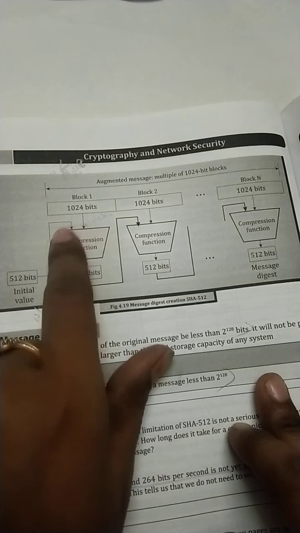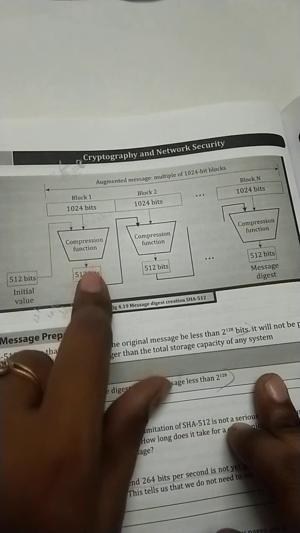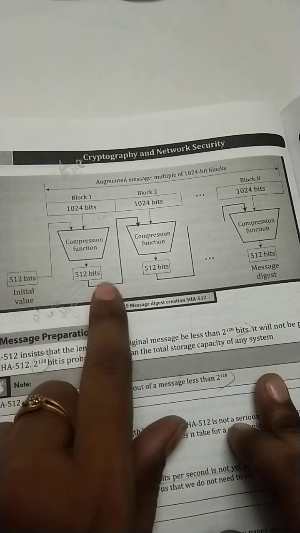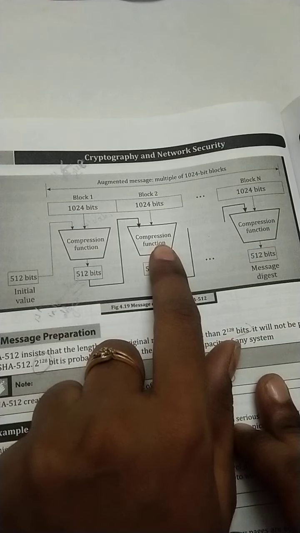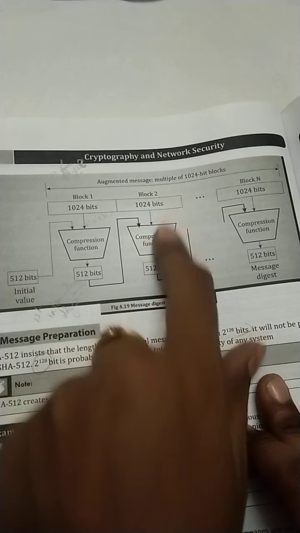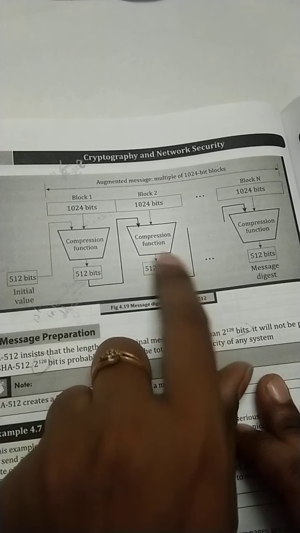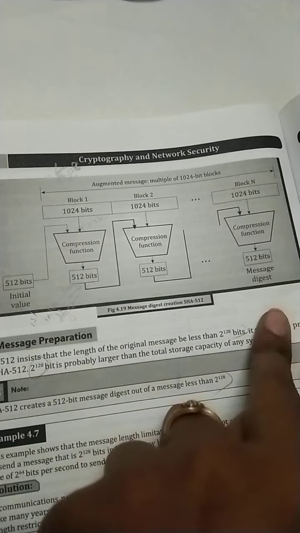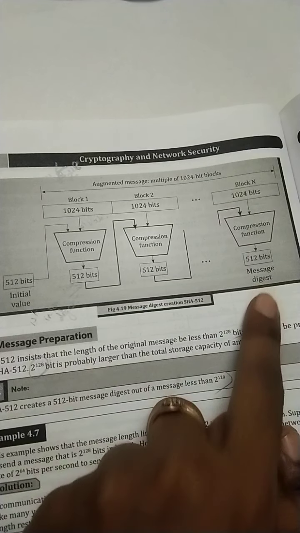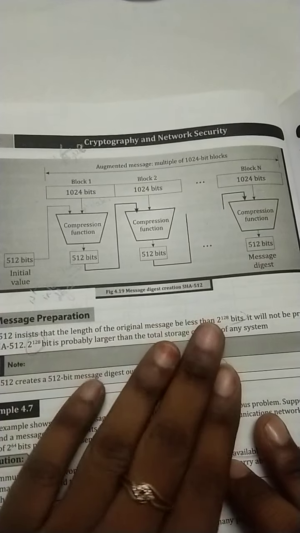Using that, the compression function produces the first intermediate digest, which is given as input along with the second block. Then we get the second intermediate digest. Like that, the operation continues. This is the basic structure of SHA-512.